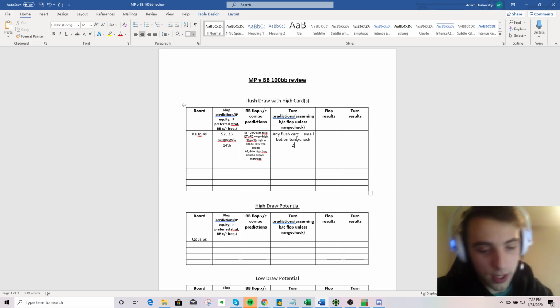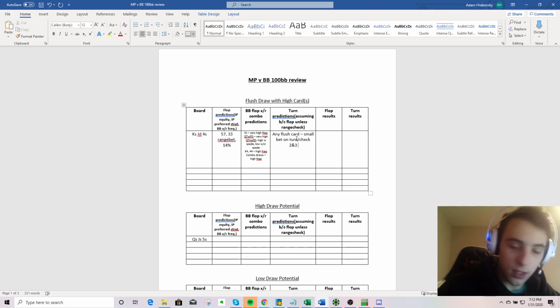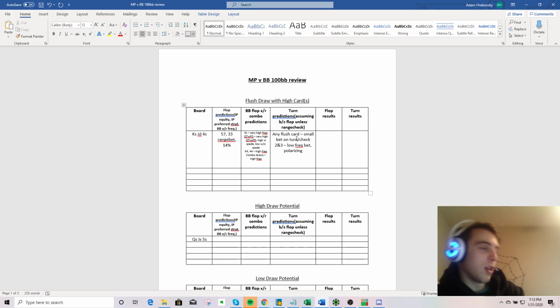2 and 3 here. I'm such a noob in PLO right now, so these predictions could end up being completely wrong. But I think it's going to be low frequency betting, but polarizing. On the 2 and 3, big blind is still capped on these cards.